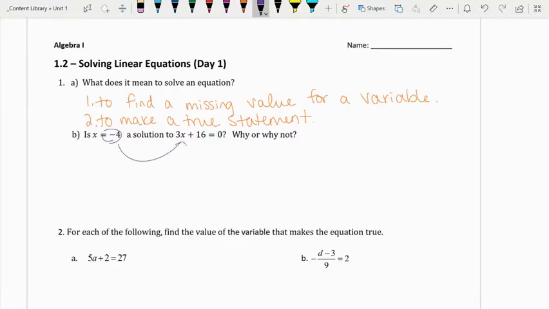Okay, so we have 3 times -4 plus 16 equals 0. Well, 3 times -4 is -12. And if I add -12 and 16, I would end up getting a +4. Well, +4 does not equal 0.